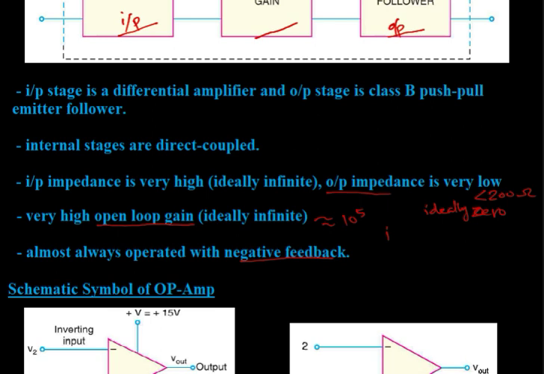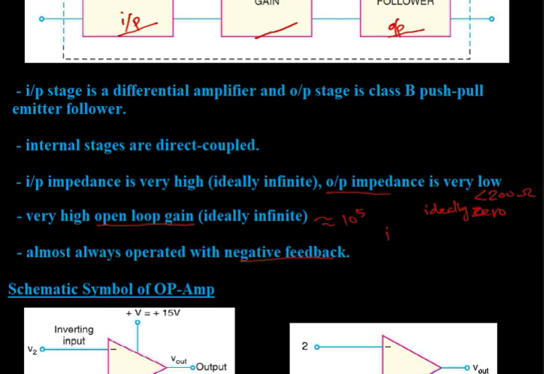So an operational amplifier is a circuit that can perform different mathematical operations like addition, subtraction, integration and differentiation. An operational amplifier usually consists of three stages.